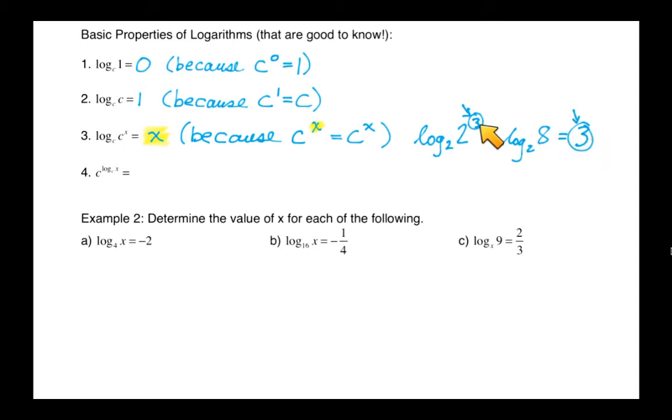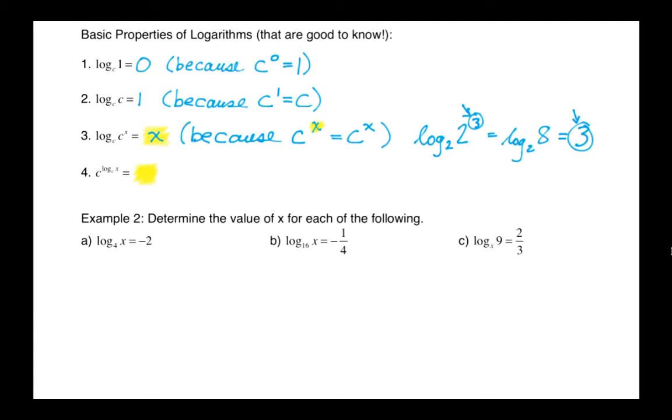So I start with 3, doing 2 to the exponent does one thing, log base 2 undoes that, and I get the 3 back. This is what we mean by inverses. So we have the same thing but done in the opposite order here.